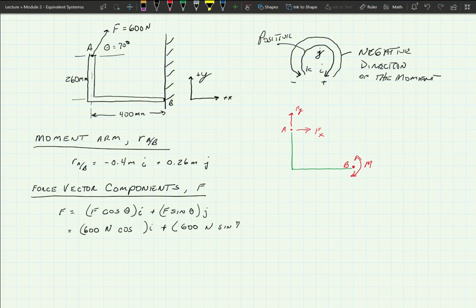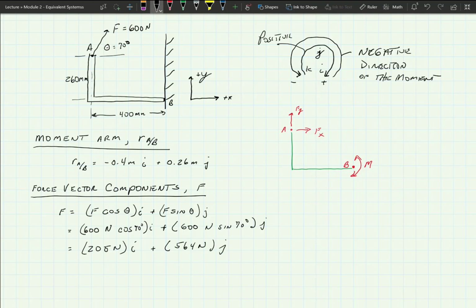Oops, I forgot to put the 70 degrees in here. And that's J. And that's that. Now, if I solve for this, I'm going to get 205 newtons. And that's still in my I, so I want to keep track of those I's and J's as we go through this. And 564 newtons. And that's in the J.